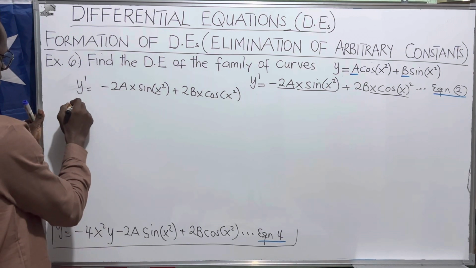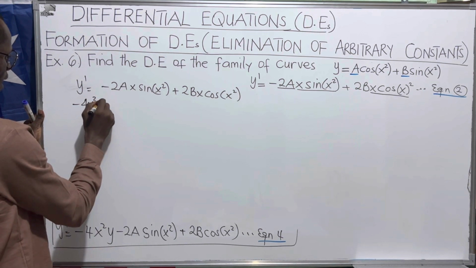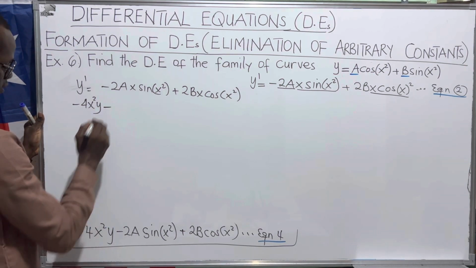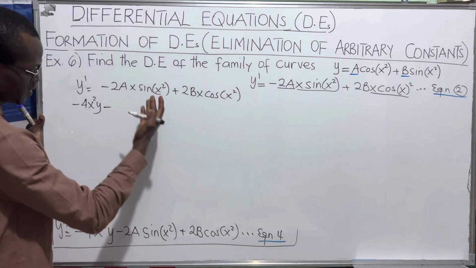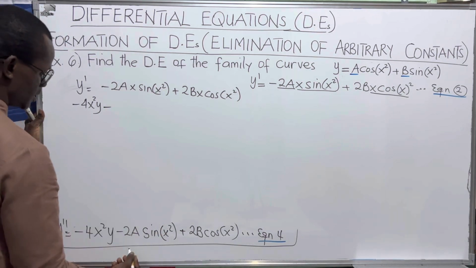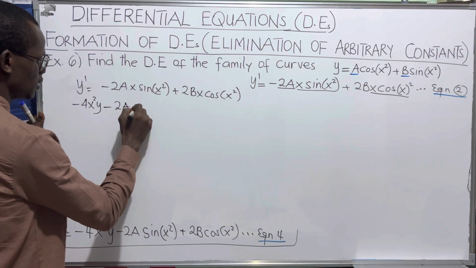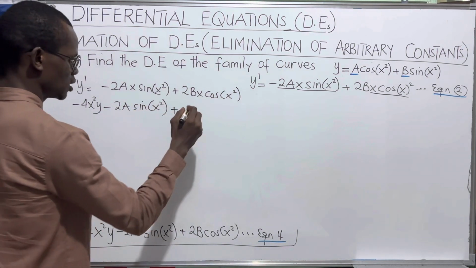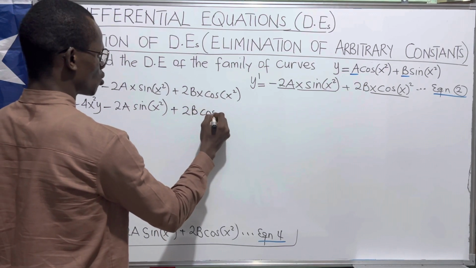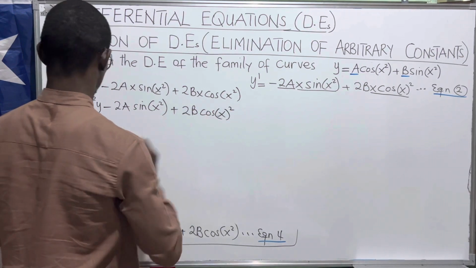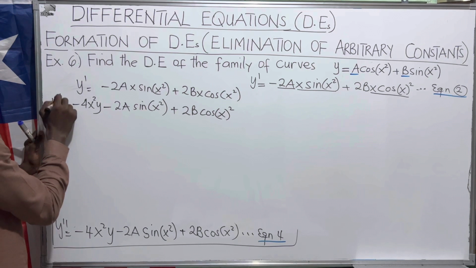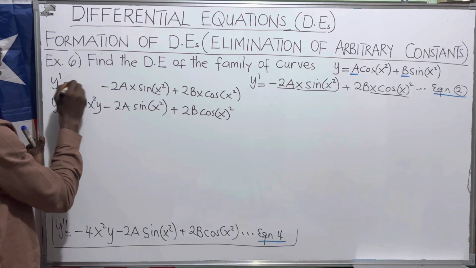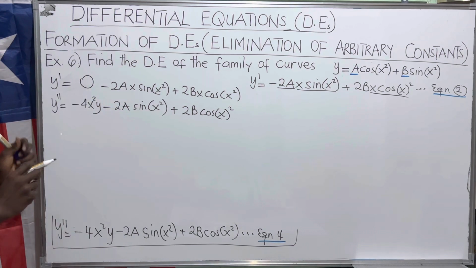The minus 4x squared y can just be placed on one side, so that we have similar expressions under each other. The next one will be minus 2a sine of x squared plus 2b cos of x squared. So I can just push this behind it: y prime equals, and here I can put 0.